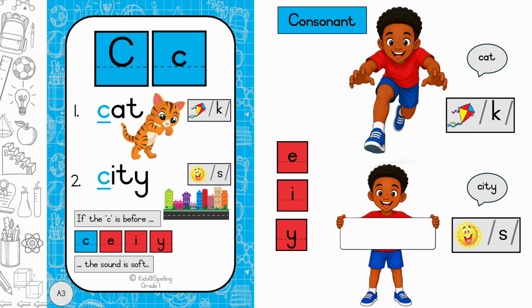And the second move will be the letter C says K for cat, but if it's followed by E, I, Y, now you lift up your hand in the air and start with your thumb and say E, index finger I, middle finger Y, to show that you need to remember 3 different letters.